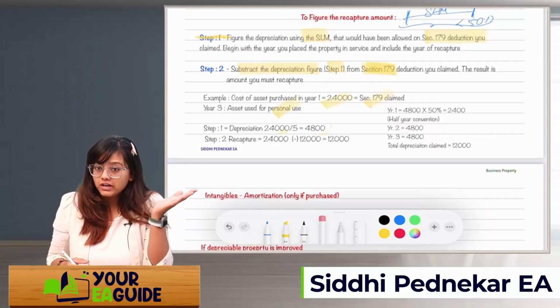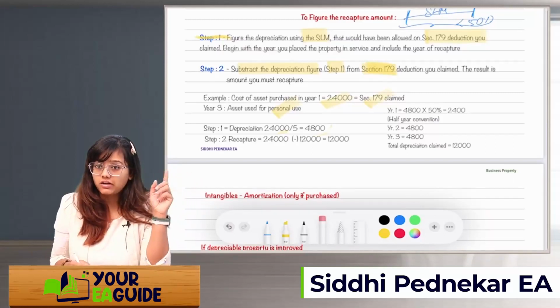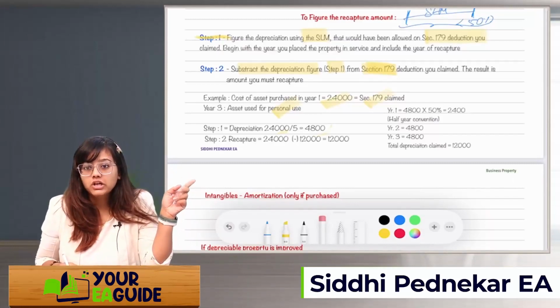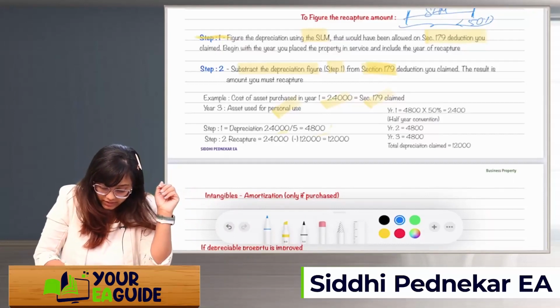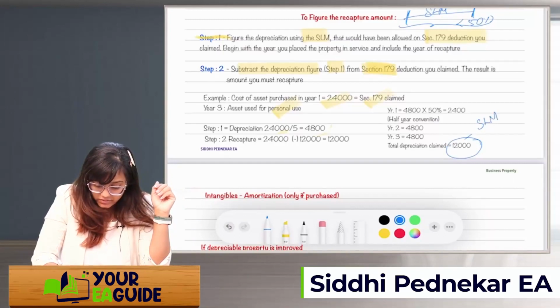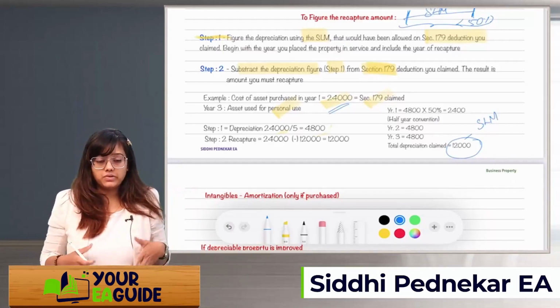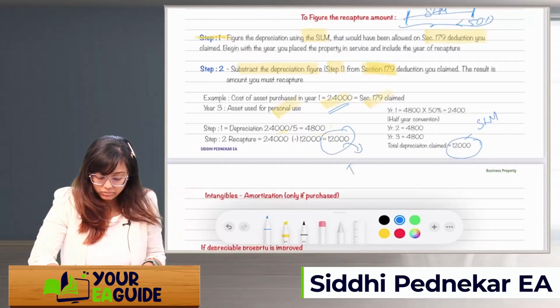Year 1, year of purchase, we'll use half year convention, so multiply it by 50%, which is 2,400. Year 2 will take the full depreciation. Year 3 also will take the full depreciation. Whatever the total is, this is as per the SLM method. But actually we have claimed the whole 24,000. So whatever is the difference, 24 minus 12, this 12,000 will be recaptured, means added back to the income.